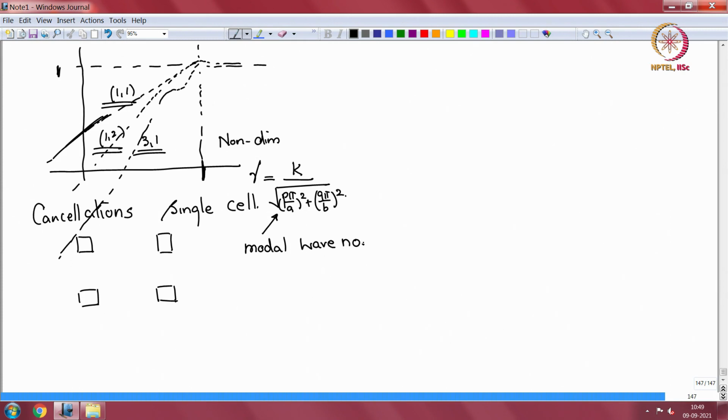Non-dimensionally this is gamma equal to 1, but dimensionally it is different because each mode has its own p and q. So this is not coincidence with k_b, the infinite panel wave number, it's coincidence with the modal wave number. Each mode, as it approaches its modal coincidence, becomes efficient.